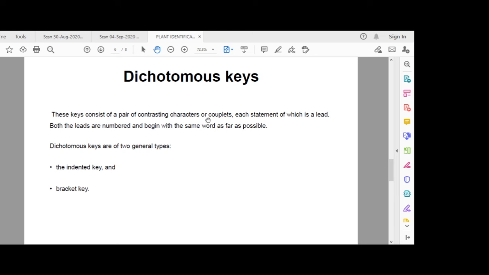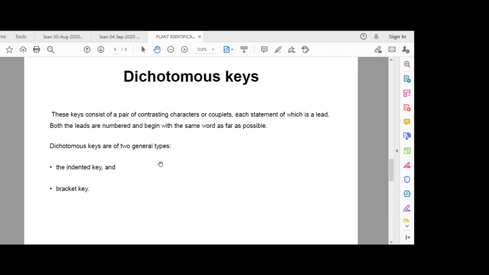Means the pair of contrasting characters, so one character is one lead. Both the leads are numbered and begin with the same word as far as possible.